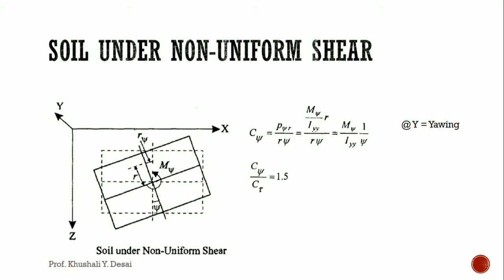While the same thing about Y is yawing and is termed soil under non-uniform shear. The ratio of C psi upon C tau is 1.5. So C psi is, you may say, 0.75 of Cu.